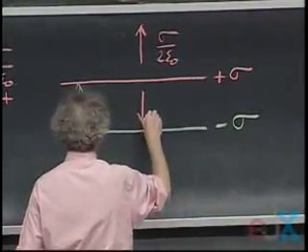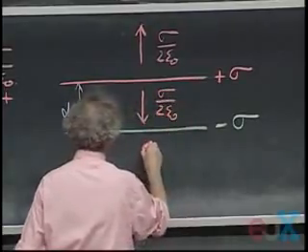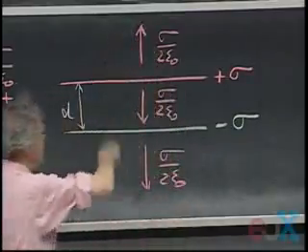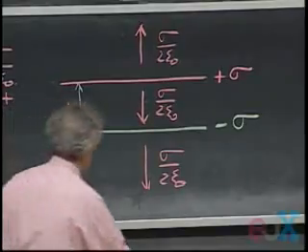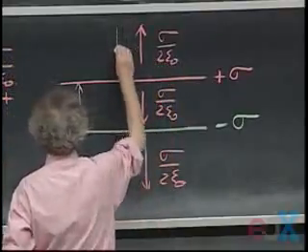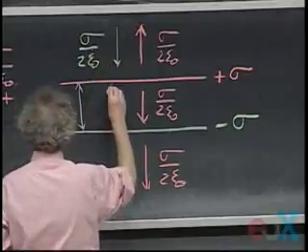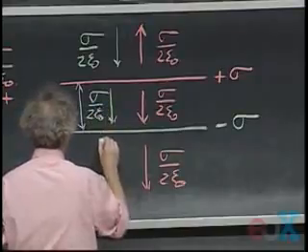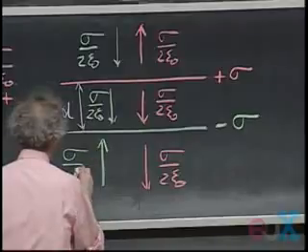This one is also pointing away from this, sigma divided by 2 epsilon 0, and here it's also sigma divided by 2 epsilon 0, because it's independent of the distance to this plate. What is the negative charge doing? Well, the negative charge has E vectors pointing towards it, so here I have an E vector which is sigma divided by 2 epsilon 0. Here I have one that is sigma divided by 2 epsilon 0, and I have one that is pointing towards the plate, which is sigma divided by 2 epsilon 0.